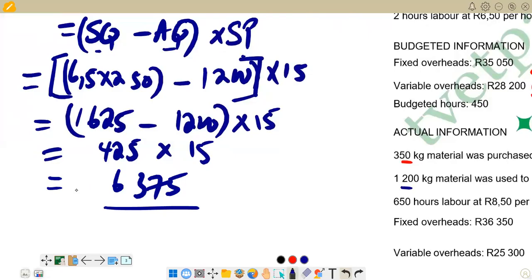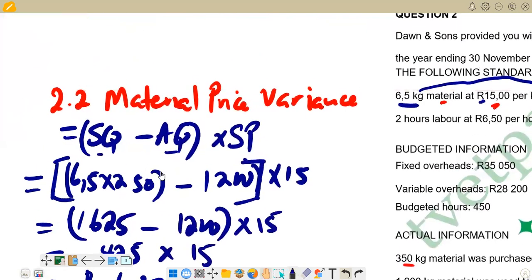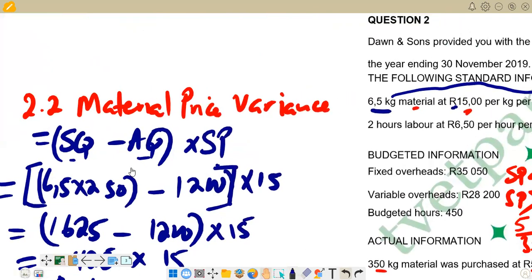Remember, we have to identify whether this is favorable or unfavorable. For that, we analyze the standard quantity and the actual quantity.